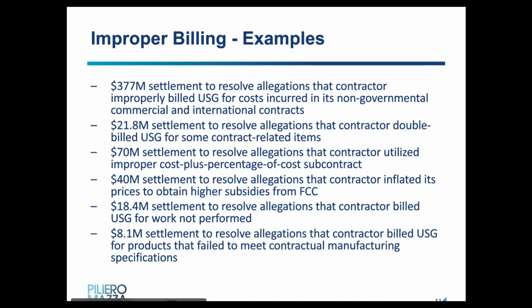The next one I want to talk about is the $70 million settlement to resolve allegations that a contractor utilized an improper cost-plus-percentage-of-cost subcontract, which isn't allowable. In this situation, which was resolved just recently, the defendants were both wholly owned subsidiaries of the same parent company.